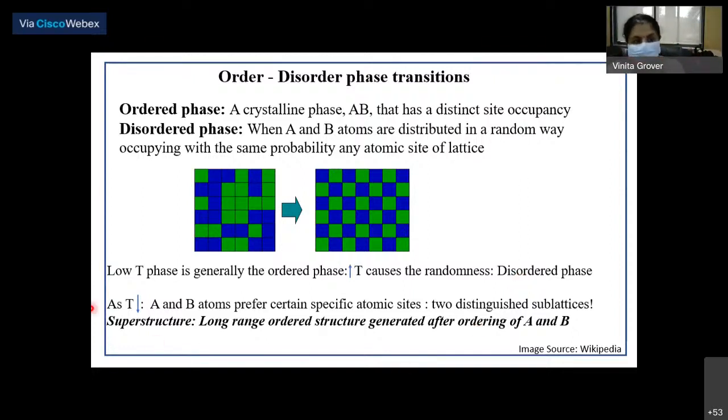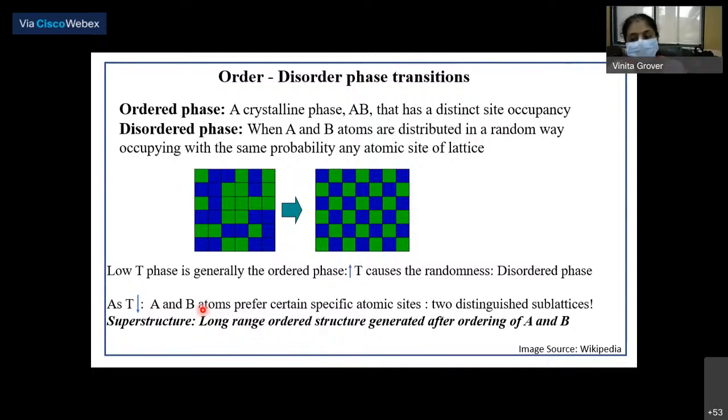As temperature decreases, A and B already had some kind of specific preferences. That is why they occurred in an ordered fashion at all. As I said, all the materials do not show ordering. So there are two distinguished sublattices, and at lower temperature they will go and set in whatever is comfortable for them, whichever is the lowest energy configuration.